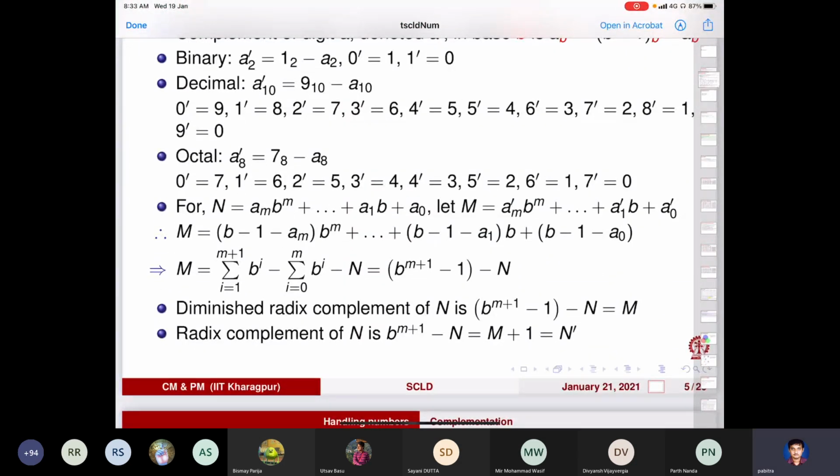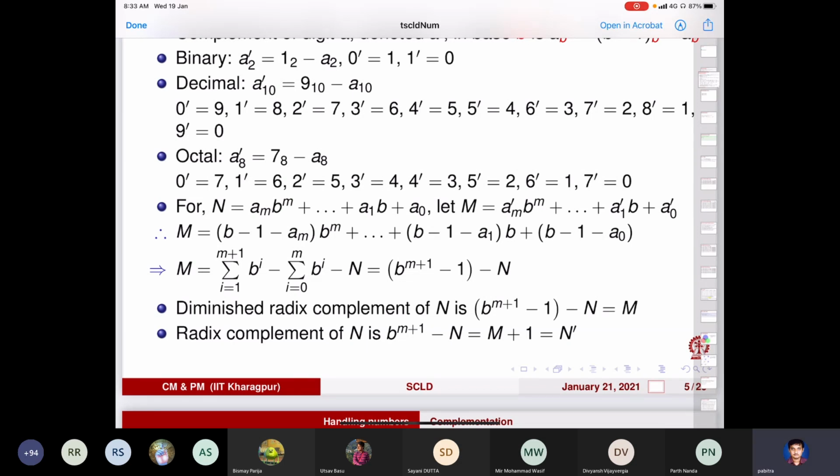Now let's extend it to a multiple digit number. Let's say I have a number n, an integer, represented in base B as a_m times B to the power m, plus a_(m-1) times B to the power m minus 1, and so on up to a_0.